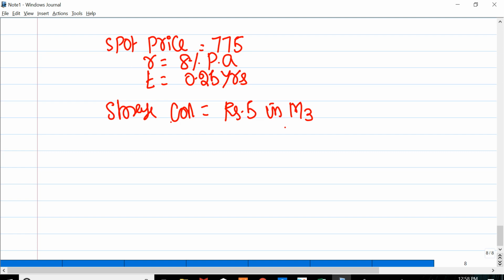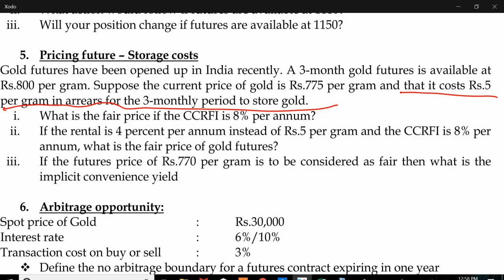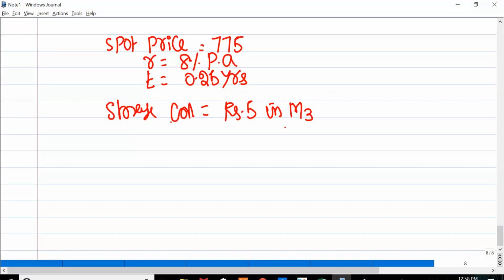I think the question just says 5, so I assume that it is 5 for the 3-month period. If it was per month, then things become more complicated. 5 in month 1, 5 in month 2, 5 in month 3. Month 1 has to be discounted with the month 1 factor, month 2 with the month 2 factor, month 3 with the month 3 factor. That is e power 0.01 for something, 0.02, 0.03.